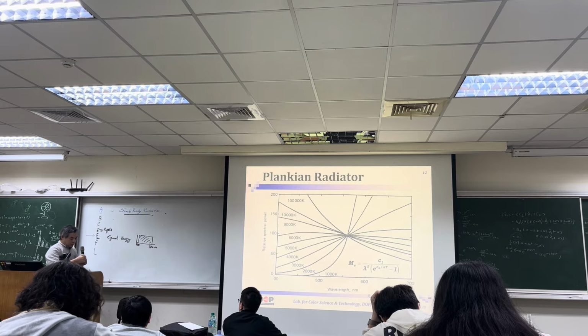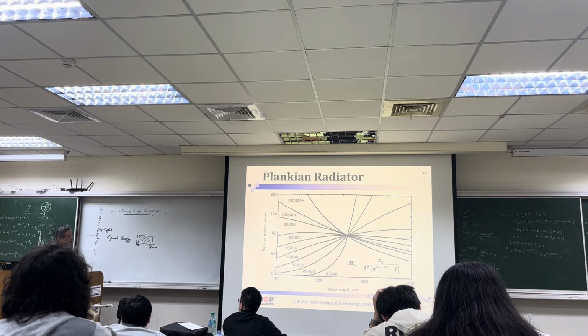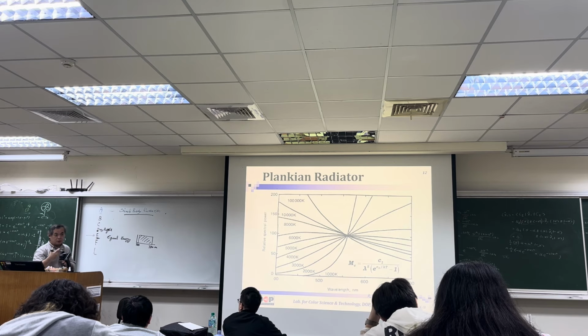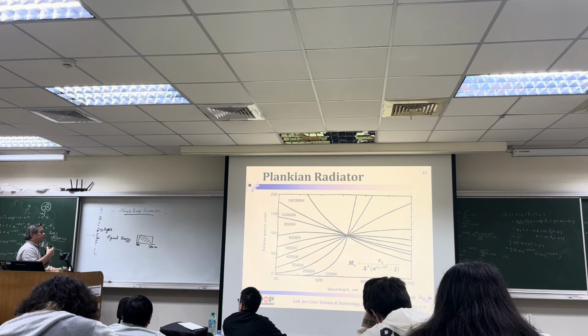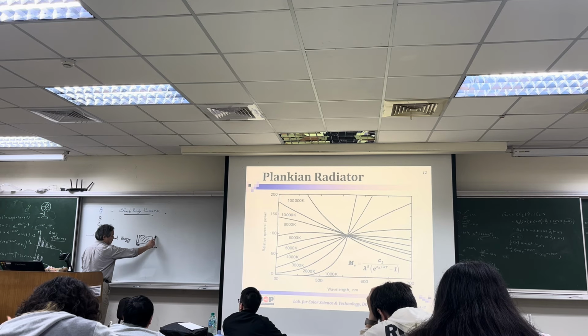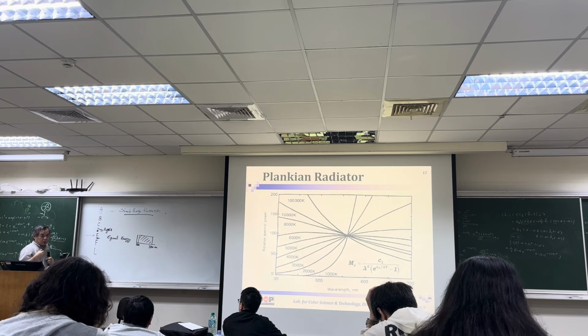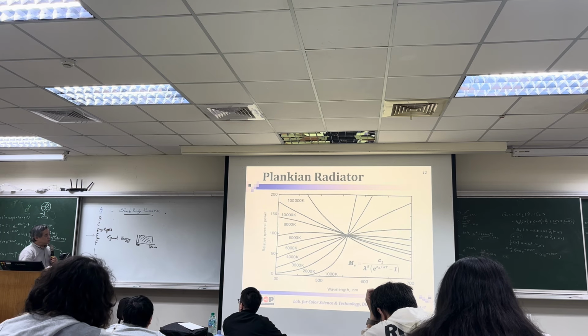So there is no natural light source. Each spectrum looks like this. So it is theoretical, not a real light source. But because the spectrum has some feature, sometimes we use it as a comparison source.